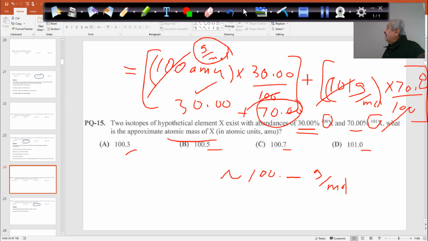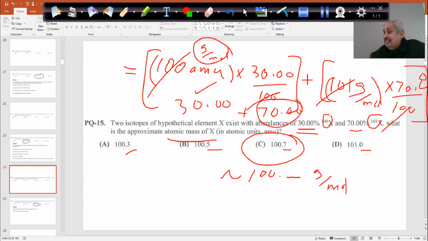So if you have 0.7 multiplied by 101, what will that be? Which one did you get, guys? See, that's right.